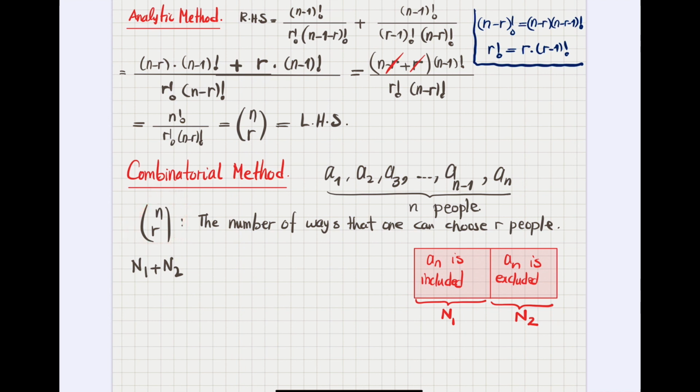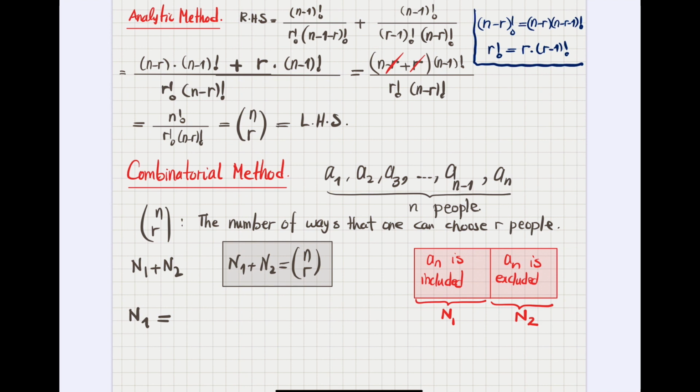What is the relation between N1 plus N2 and this number that I am just circling right now? They are the same, yes. So don't hesitate, please. So N1 plus N2 is equal to n choose r. Now, forget about these problems, let me find a formula just for N1.